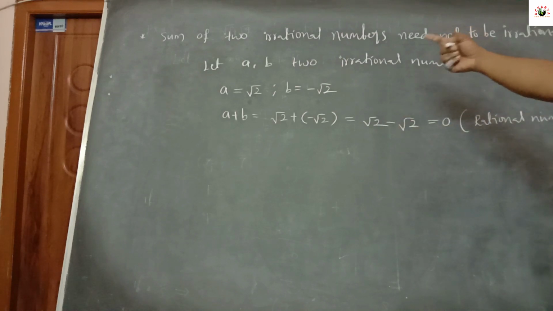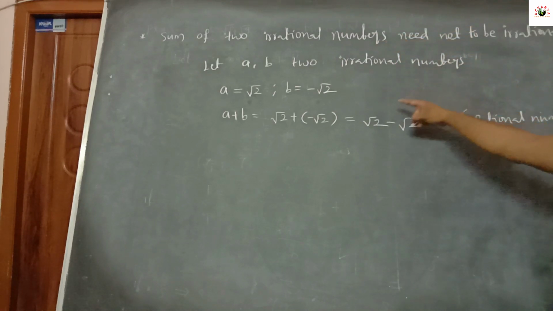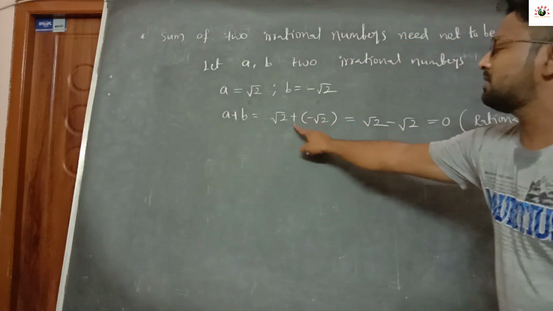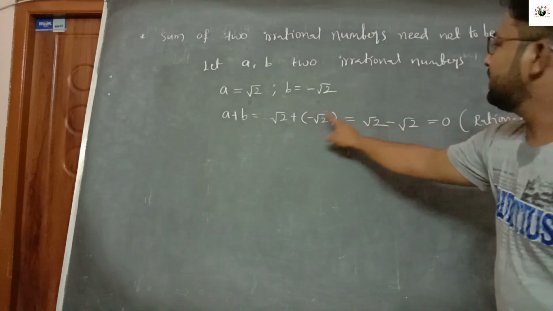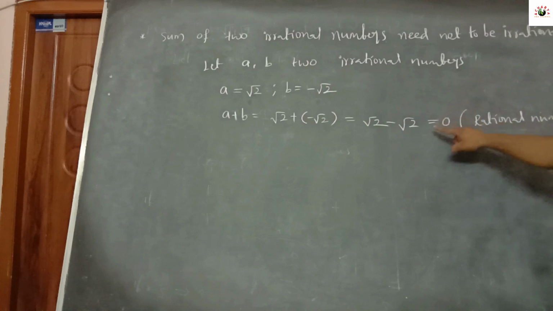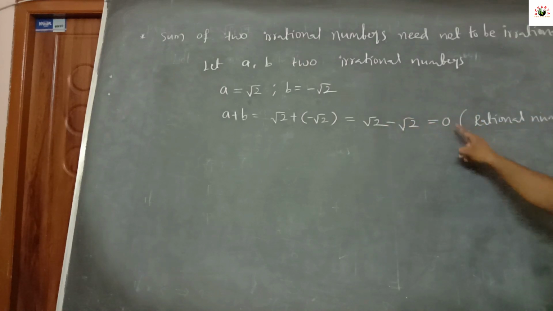So according to the statement, the sum of two irrational numbers need not be irrational; the answer is a rational number.